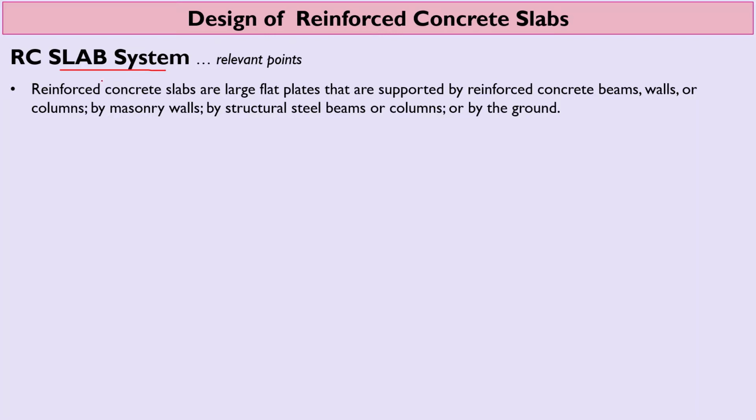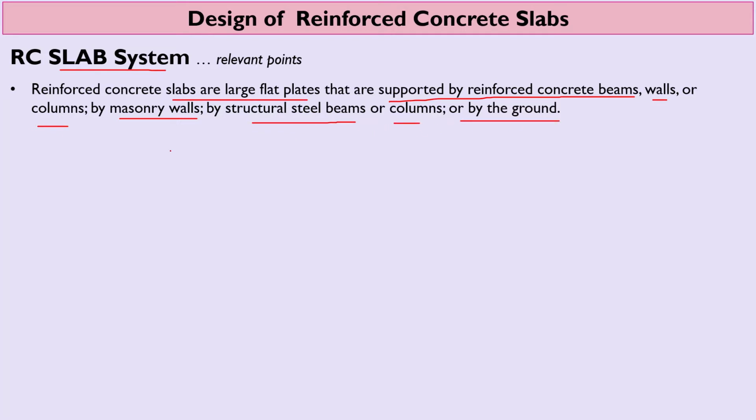Reinforced concrete slabs are large flat plates. They are just like flat plates, and they are supported on reinforced concrete beams, or they can be supported on walls or columns, by masonry wall, by structural steel beam or column, or by ground.